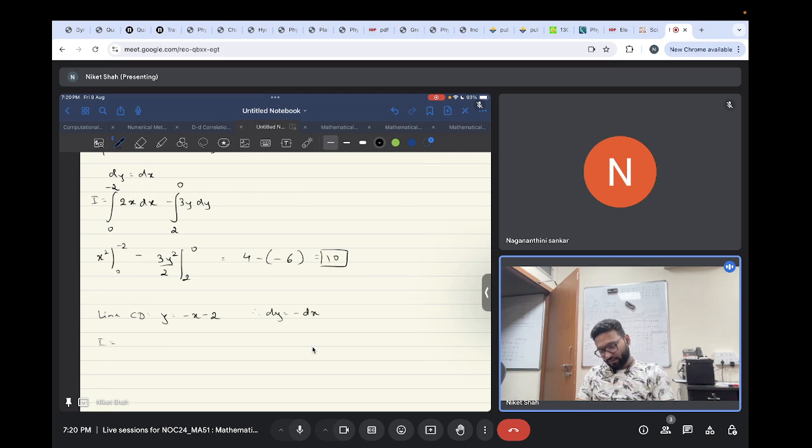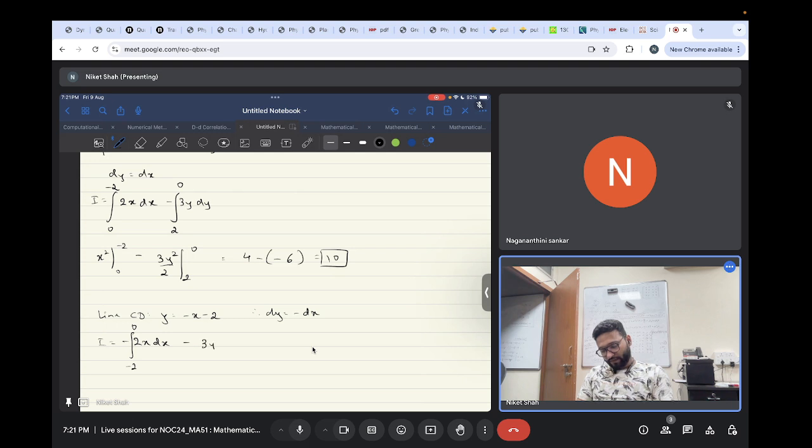I have already integrated, I can just write 2x dx with a negative sign. What is the limit? X goes from minus 2 to 0.